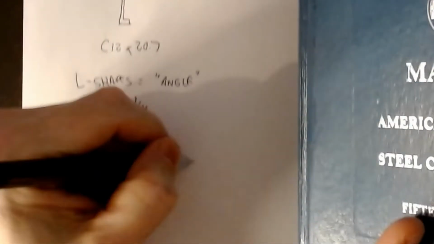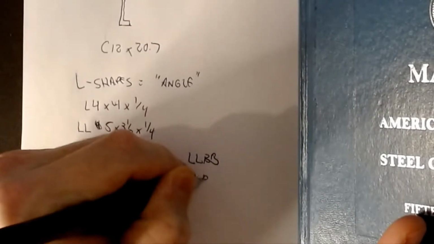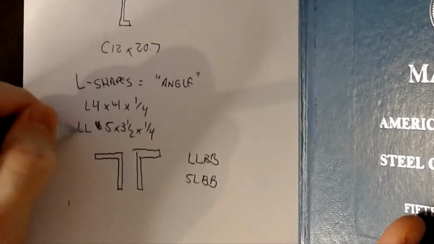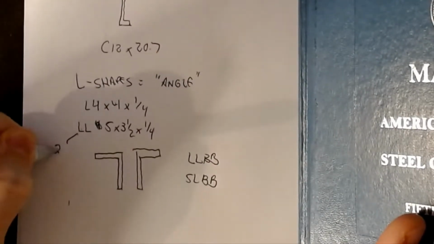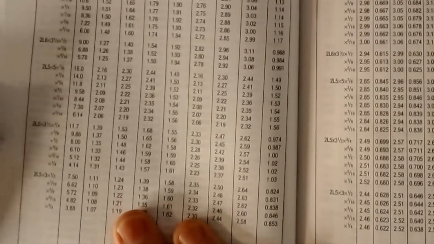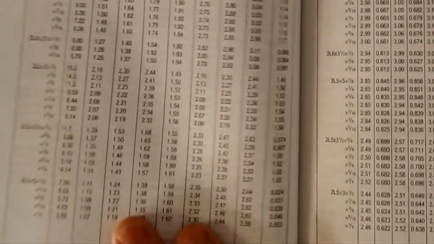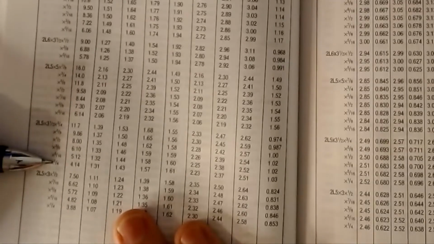You'll see some nomenclature that looks like LLBB or SLBB. Anytime you see something like this, what we write is LL. Sometimes you'll see this written as a 2L, which I think is the way AISC is going to write it. So a 2L means that it's two angles together, 5 by 3.5 by a quarter, would be this one down here.